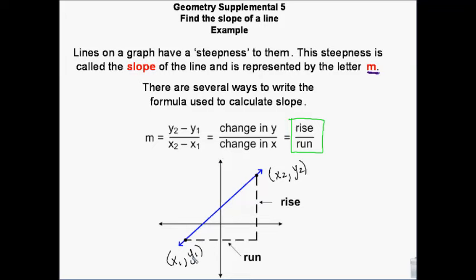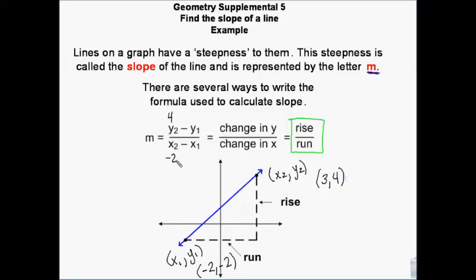Now, it doesn't matter which set is ones and which set is twos, but whichever set you put in the front for y has to be the same that you put in front for x. So, for example, if this point here was, say, 3, 4, and this point over here was negative 2, negative 2, I can't say 4 here and then negative 2 here, because I can't take this x with this y and have them be reversed.